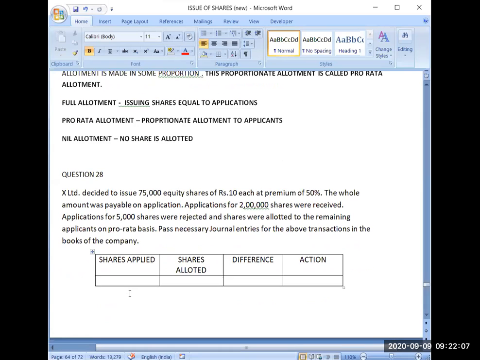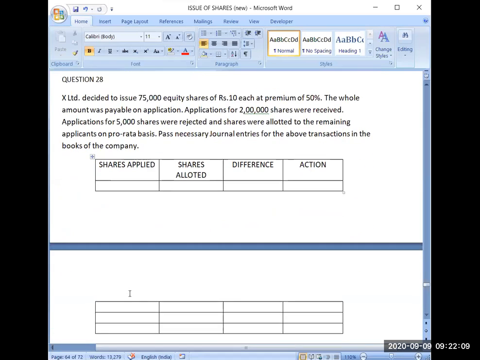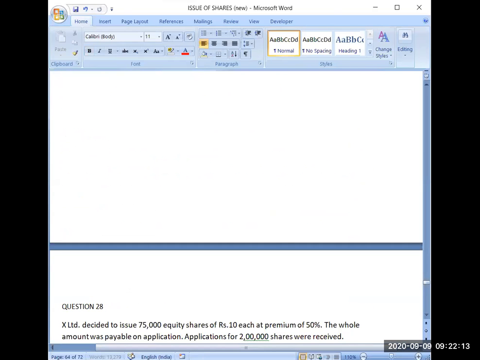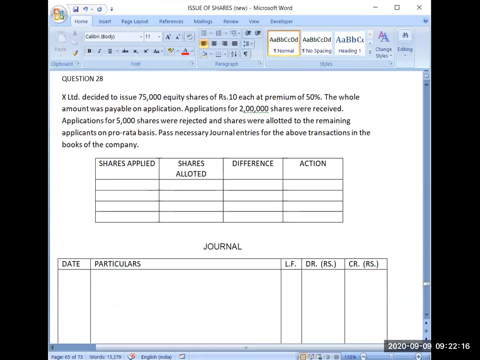Okay, now see the question. I will shift it to the next page. X Limited decided to issue 75,000 equity shares of ₹10 each at a premium of 50%. So you are issuing shares at a premium of 50%. What will be the issue price?